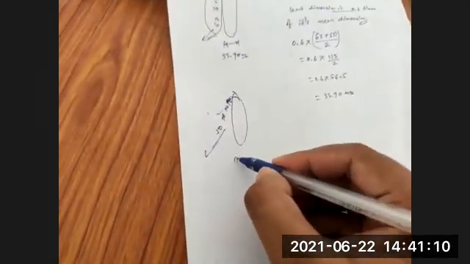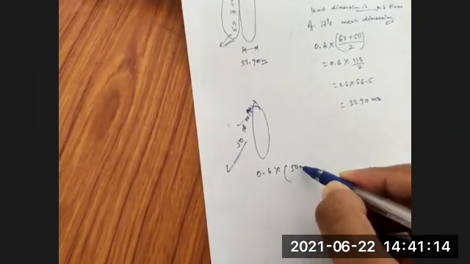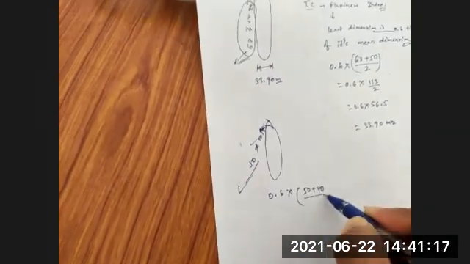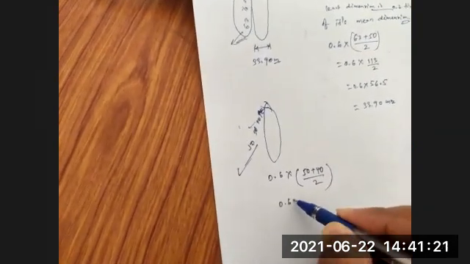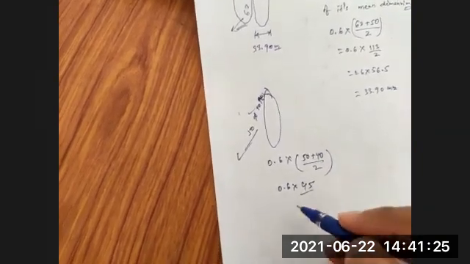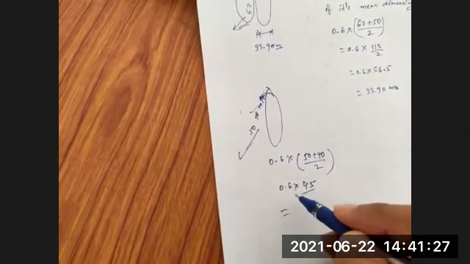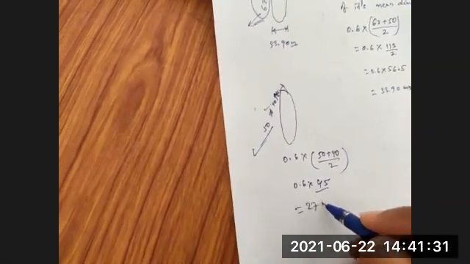For finding the size, we take 0.6 into the mean of the sieves. So here 0.6 into 45, that is 50 plus 40, 90 by 2, which is 45. So here we get 0.6 into 45, which is 27 mm.